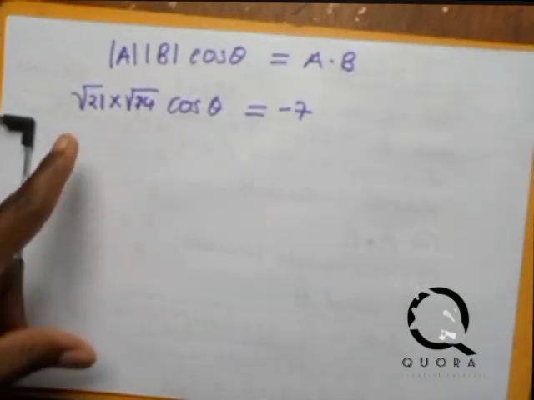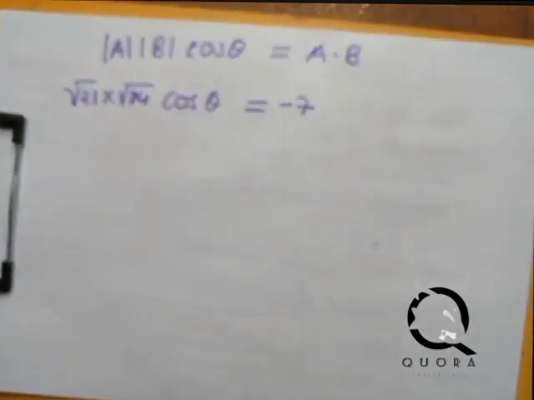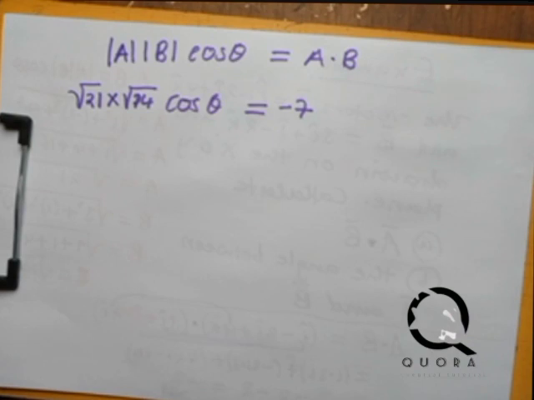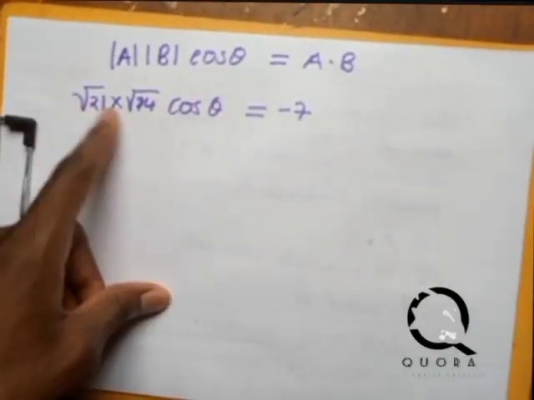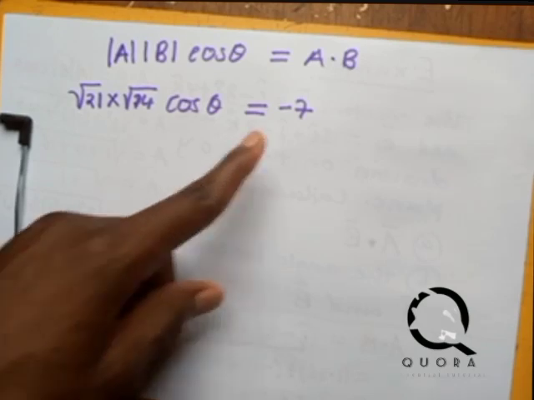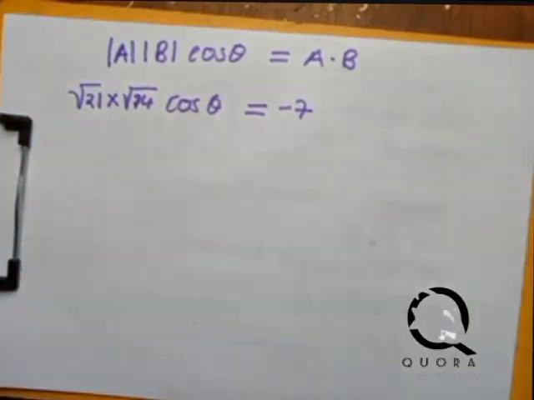If you want, you can divide throughout by root of 21 multiplied by root of 14, or if you want, you can firstly find the value here, then you divide throughout. That's when you can punch that one.